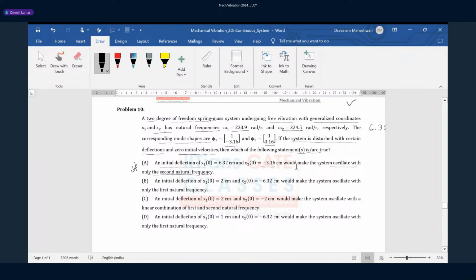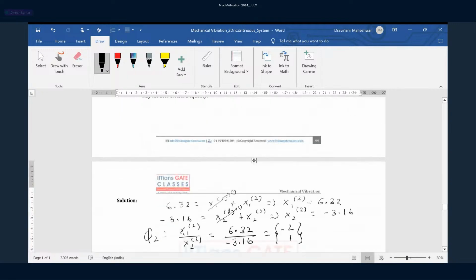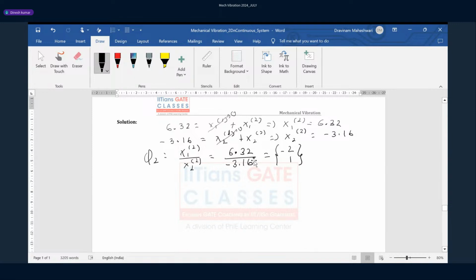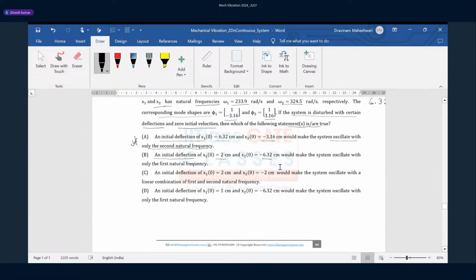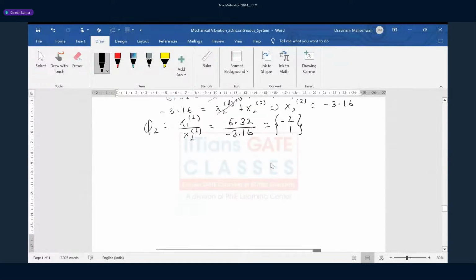Okay, now let's see option B. What it says: an initial deflection x1 is 2 centimeter, x2 is given, and the system vibrates only with first natural frequency. What does it mean? For m1 it is 2 and minus 6.32.